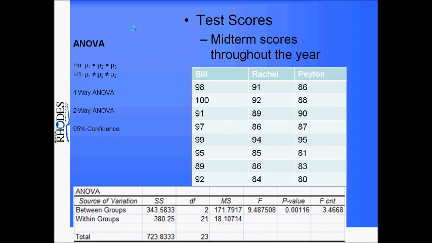And once you get these entered, again you got to go into Stat, scroll over to the Test, and go to the ANOVA, which should be the last one towards the bottom. Again, hit enter, put your L1, L2, L3 in there.